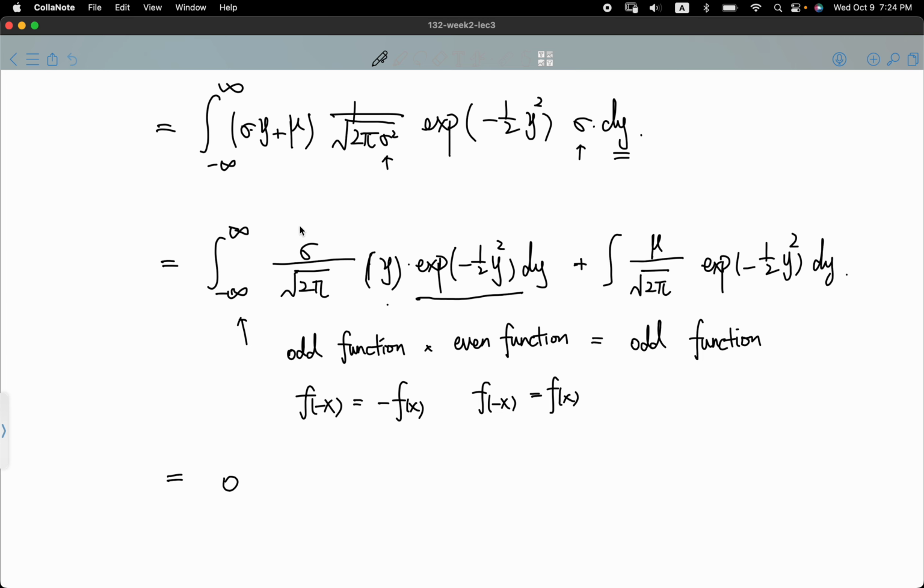This is the case only when we evaluate from negative infinity to positive infinity for an odd function, and then we know that this is going to be 0. Next, we are just going to analyze the second term here. It's a constant, so we move it outside, and this is the part involving the random variable y.